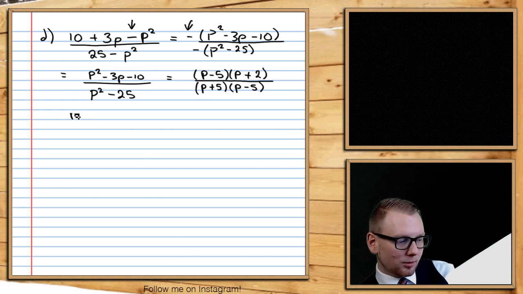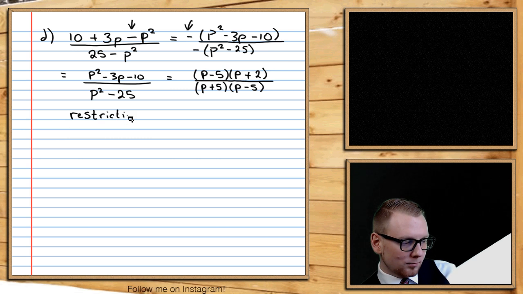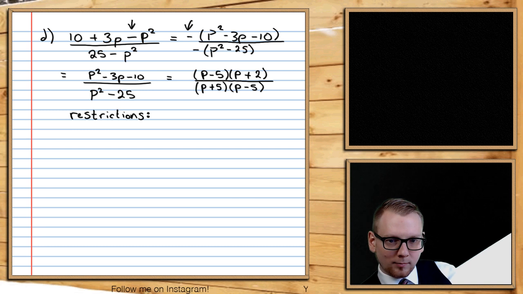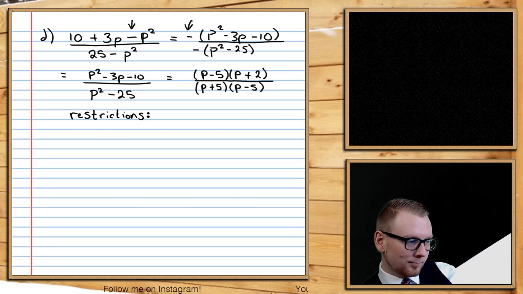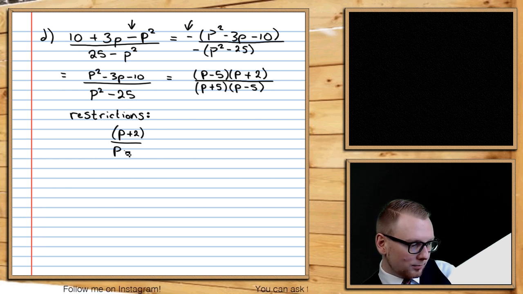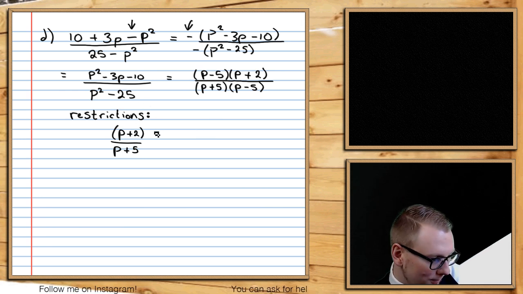So what's the restrictions? Yep, it does become p plus 2 over p plus 5. So we still need the restrictions.